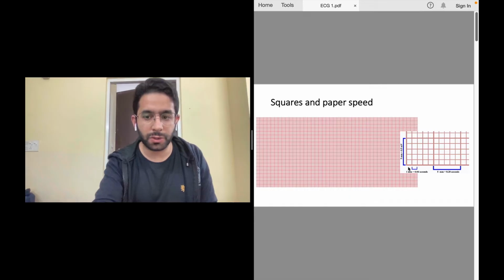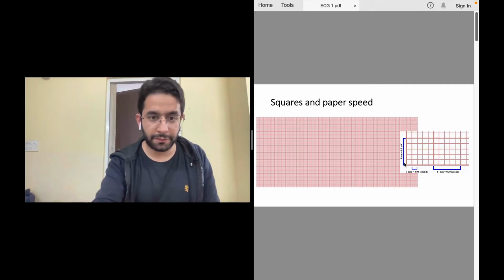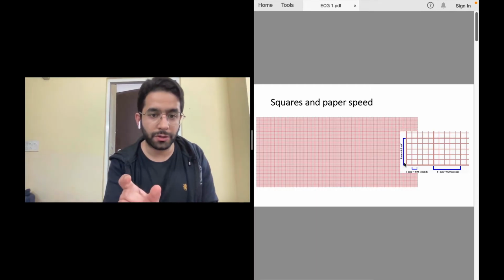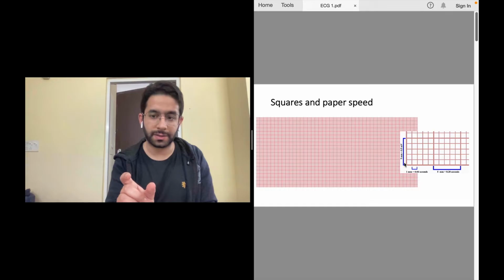And each small square is 0.04 seconds or 40 milliseconds. So remember it forever. One small square, 40 milliseconds or 0.04 seconds. One large square, 200 milliseconds or 0.20 seconds.